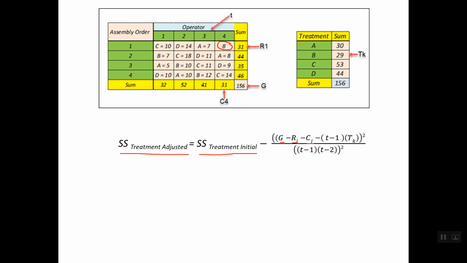T minus 1, where T represents the number of rows, same as columns, same as treatments, multiplied by T sub K. T sub K here represents the total observation for the treatments, treatment B, because the missing value belongs to treatment B. So for treatment B, the total, which is T sub K, is equal to 29.